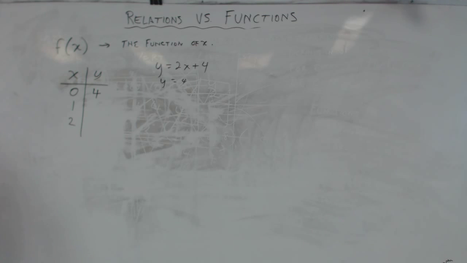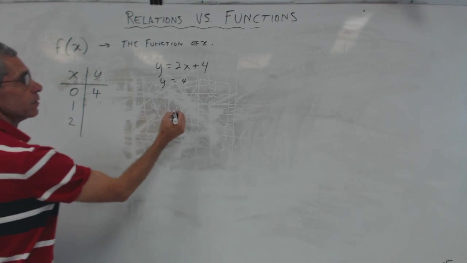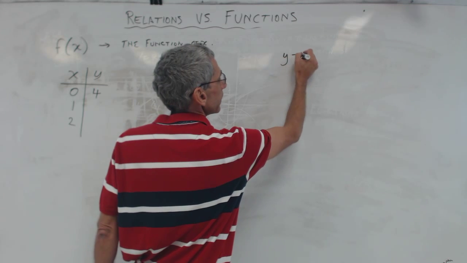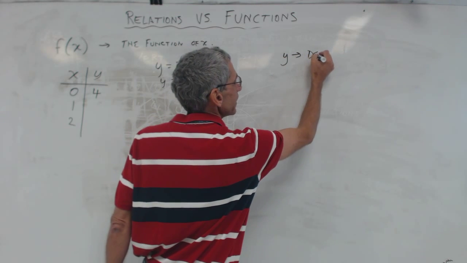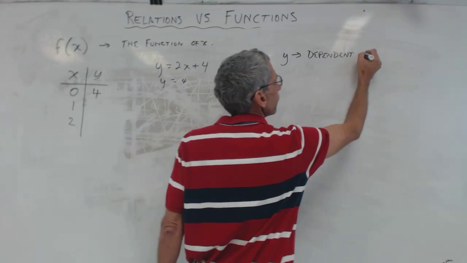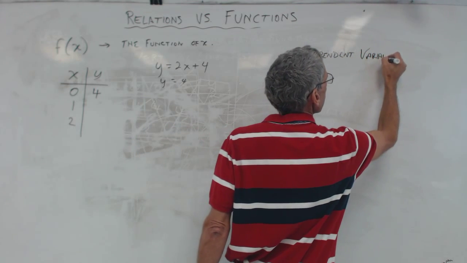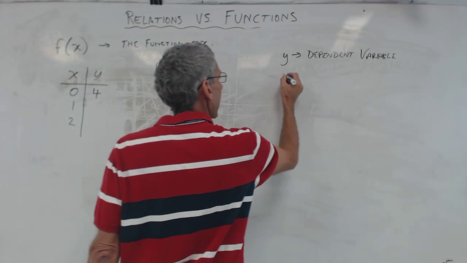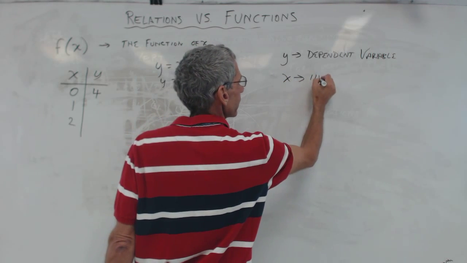Make sense? X is not dependent on y. Y is dependent on x. So y is the dependent variable, and x is the independent variable.